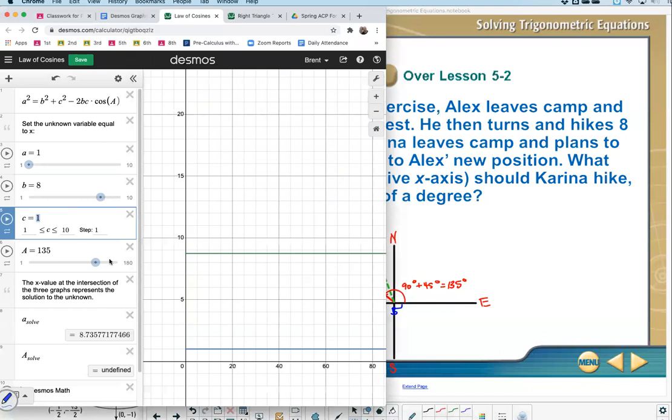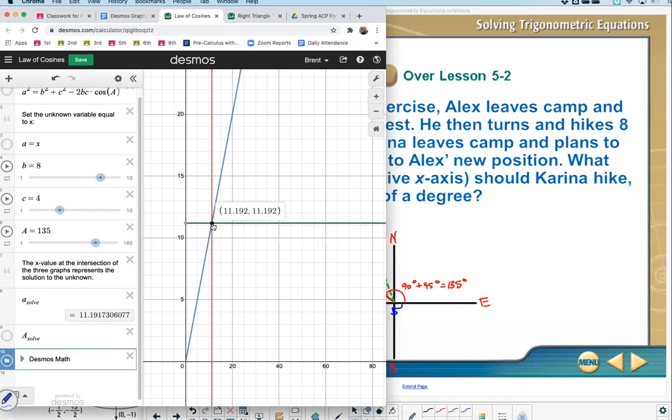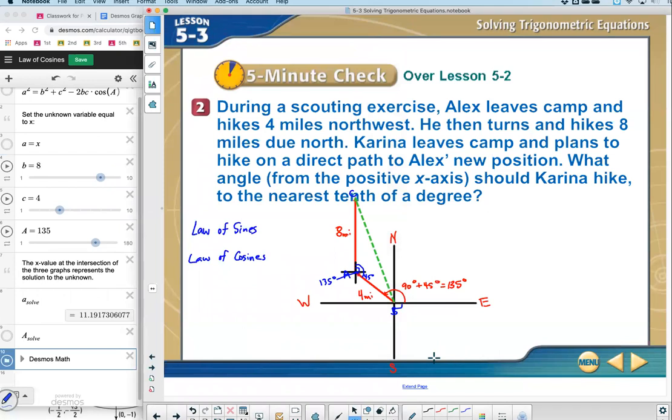And little c here, lowercase c, is 4. Since I don't know lowercase a, I'm going to put an x there. This tells me my length is, here's the exact, or more of a closer answer, but here it is rounded. I'm just going to say it's 11.192, just like theirs. This length across is 11.192.